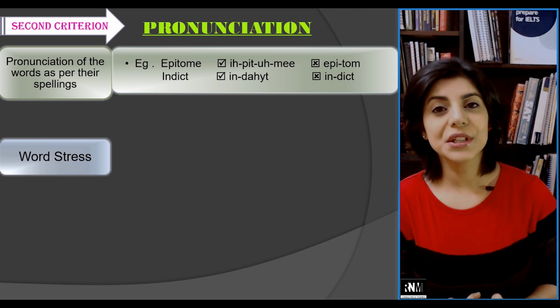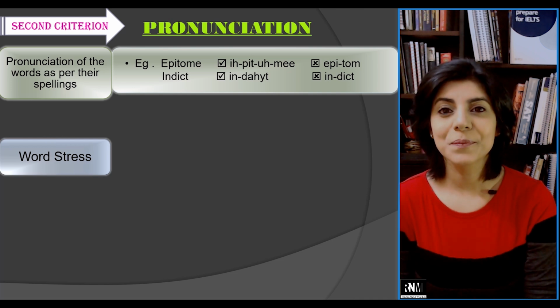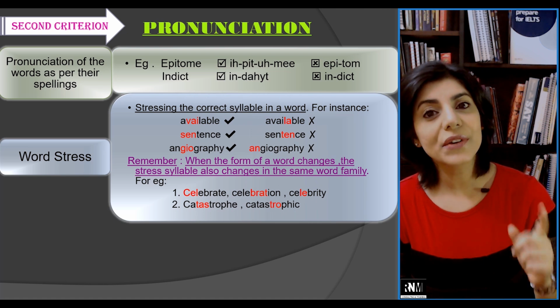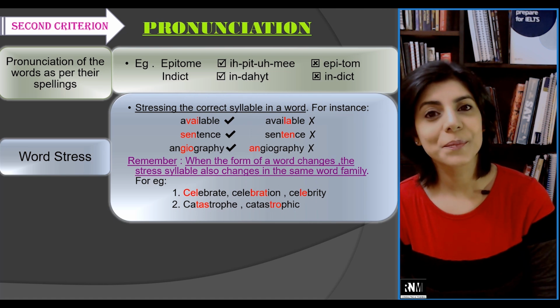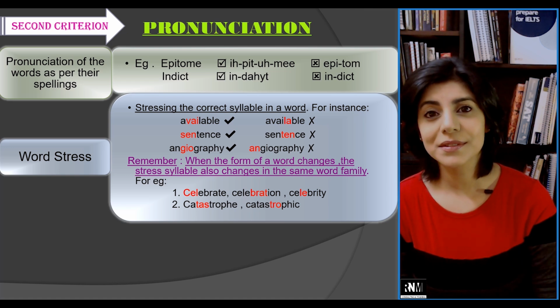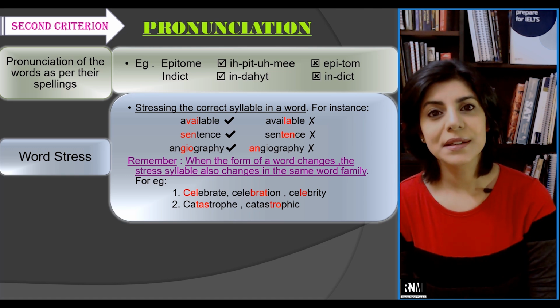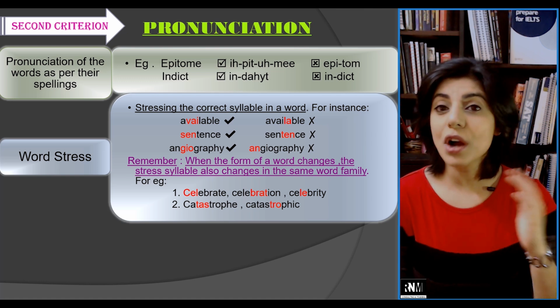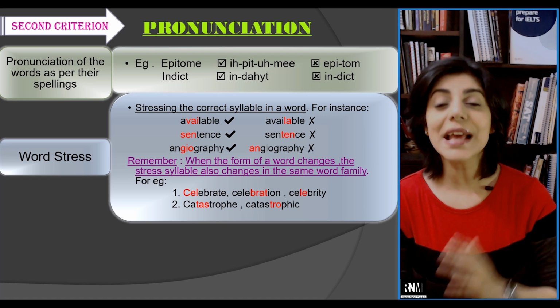The second thing in pronunciation is word stress, which means stressing the correct syllable in a word. For instance, available and not "available." Sentence rather than "sentence." Or maybe angiography, commonly spoken as "angiography."